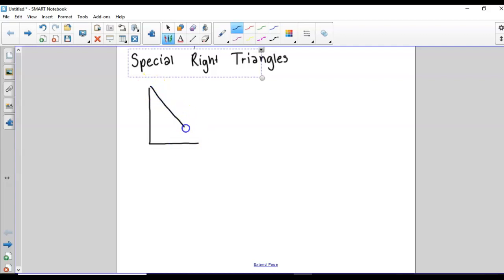So we have a right triangle where both of our other angles are 45 degrees.